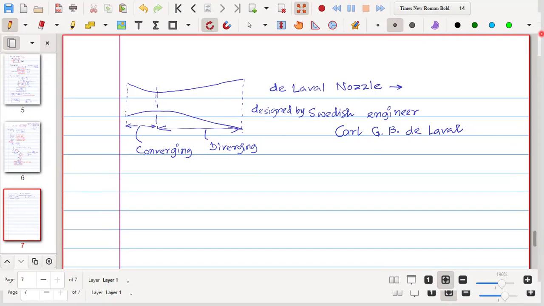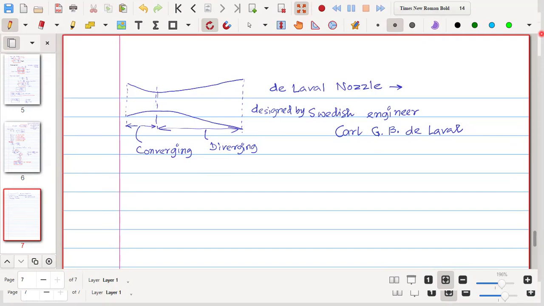We are not focusing on a particular type, whether converging, diverging or converging diverging. That will be general, and after that we will analyze according to the area variation. There is a particular case, so we will study that part after this general derivation.